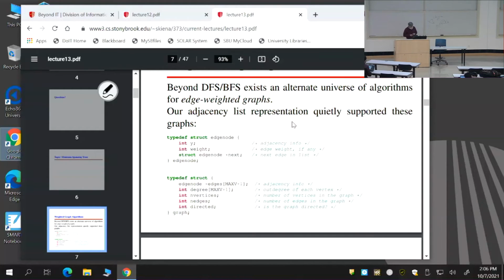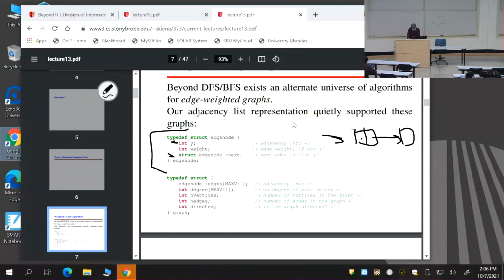So from now, for the next several classes, we are going to live in a weighted graph world. There's a universe of problems which assume that every edge has a weight. If you looked at my adjacency list representation very carefully, every node in the adjacency list had to have the identity of the vertex that it represented, and it needed a pointer to the next one. That was this field and this field.